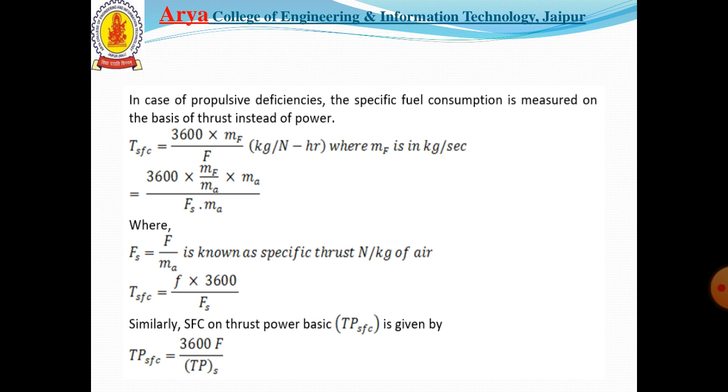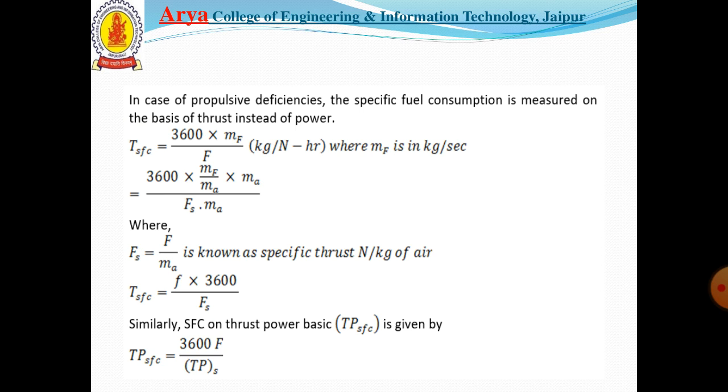In case of propulsive efficiencies, the specific fuel consumption is measured on the basis of thrust instead of the power. Therefore, thrust specific fuel consumption TSFC equals 3600 into mf upon F, that is kg per newton hour, where mf is in kg per second.